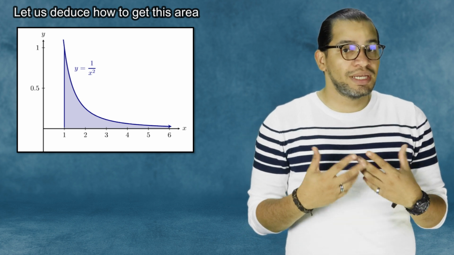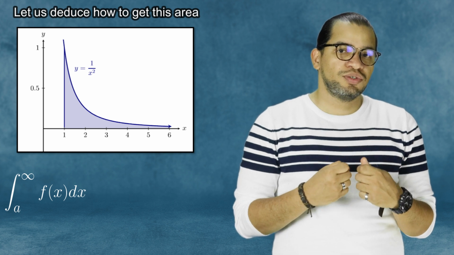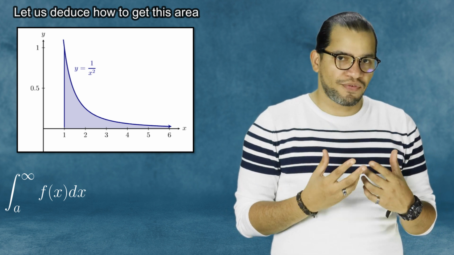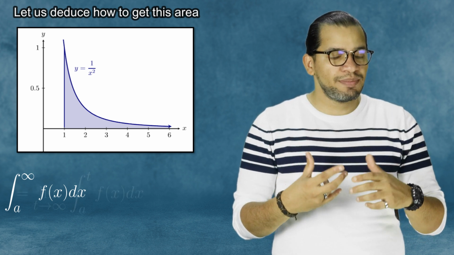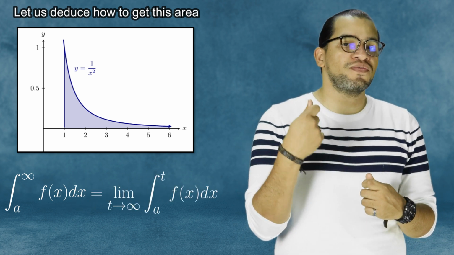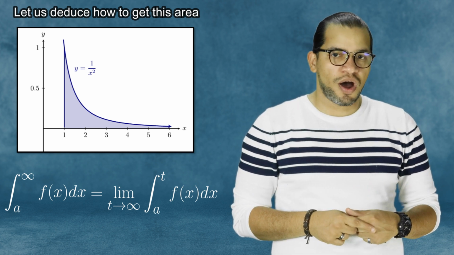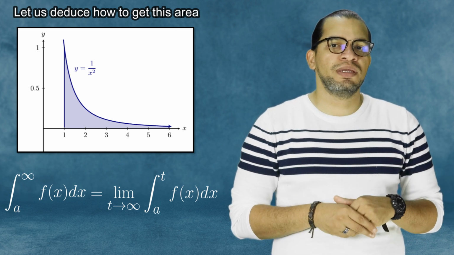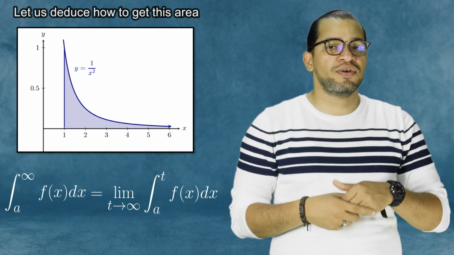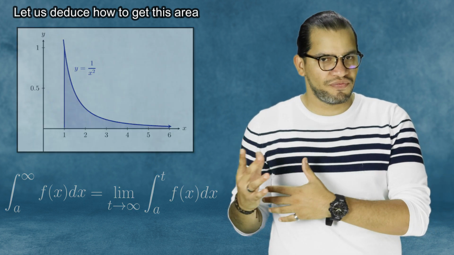For doing so, we need to compute the integral from a to infinity of f of x dx. But we know that we need to take the limit when t goes to infinity of the integral from a to t of f of x dx. And that will be the way to compute the area under a curve in an interval from a to infinity.